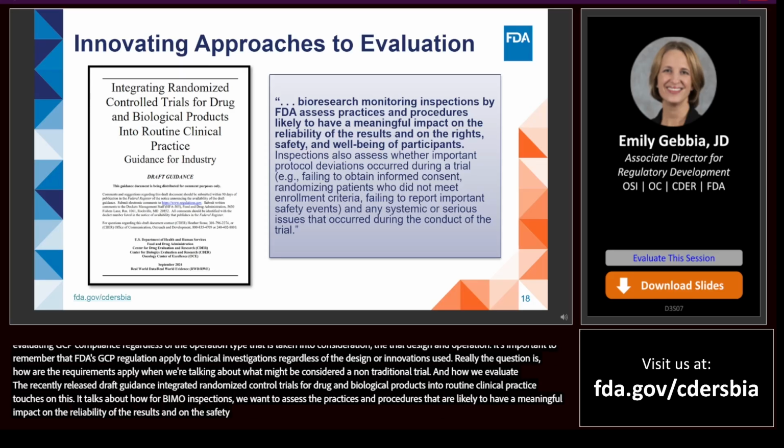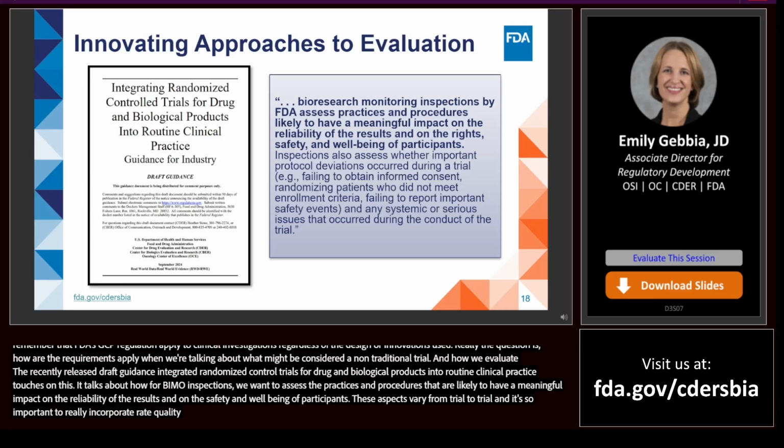These aspects vary from trial to trial, and it's why it's so important, as discussed in other presentations during this course, to incorporate quality by design and quality risk management into trials. This is especially true when we're talking about innovative approaches that have less familiarity. So we're going to look at a few different types of innovations and ways this can play out.